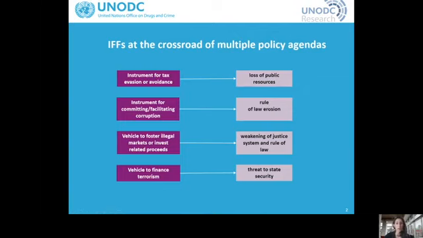They are an instrument for committing or facilitating corruption and a vehicle to foster illegal markets or invest related proceeds, so proceeds of several types of crimes. And as such, they erode the rule of law and weaken the justice system. Illicit financial flows have also been related many times to terrorist financing, and as such, they represent a big threat to state security.